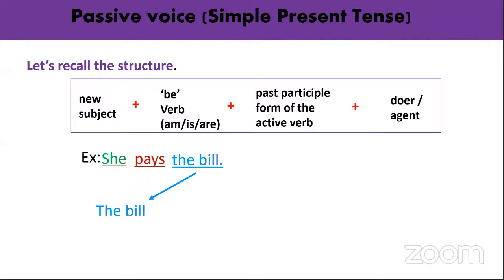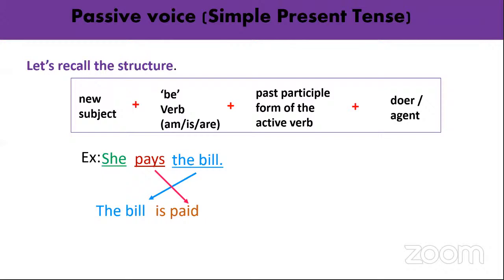And what is the past participle form of the active verb, pays? Paid. So the verb you use there is paid. Then the subject of the active sentence, you can use it as a by phrase.